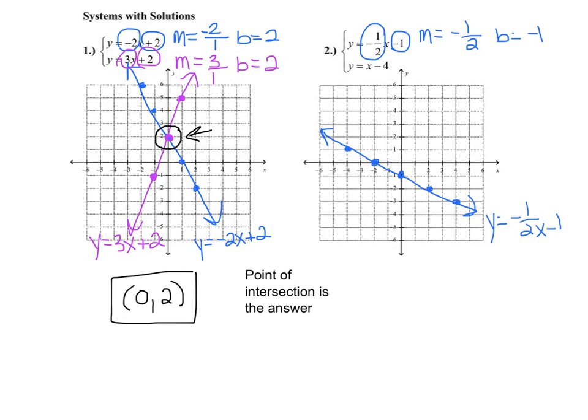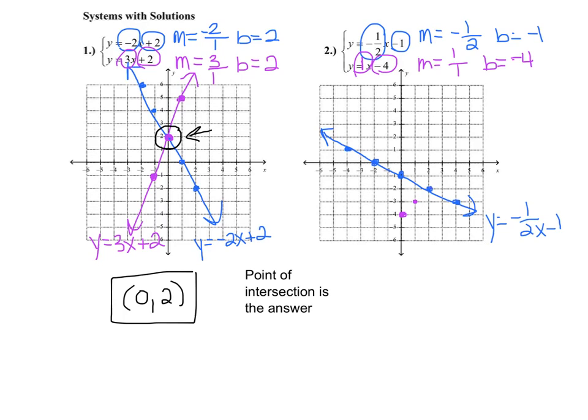All right, let's go to our next equation. Y equals x minus 4. And remember, there's a 1 in front of that x, so your m is equal to 1 over 1. And then our b is negative 4. So let's graph that. You're going to go down 4, and then you're going to rise up 1 and to the right 1. Again, up 1 and to the right 1.